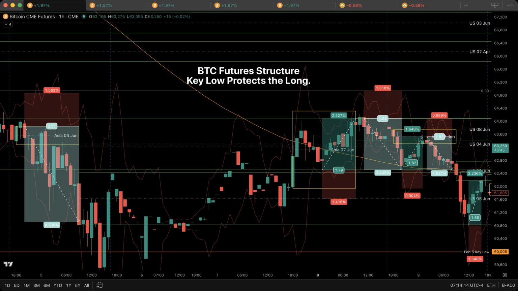It becomes a higher time frame failure. So the stop belongs there. A tighter stop may improve the ratio, but it may not protect the real idea. If price dips below the minor session line and holds above the key low, the long may still be alive. But if price loses the February 5th key low, the long no longer has a base. That is why the stop sits there.